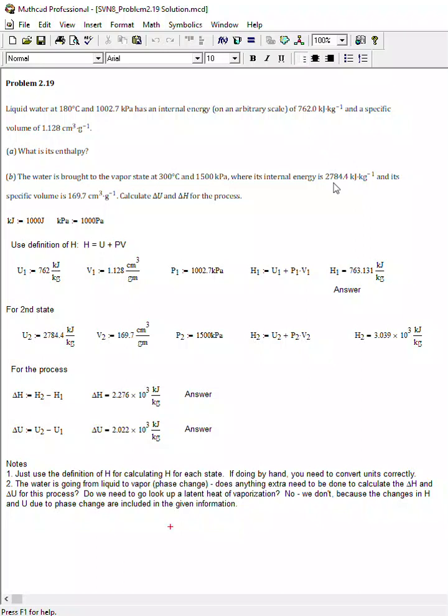If you were to actually calculate the latent heat of vaporization, you would find that most of this delta U is involved in the phase change. So in this case, we do not need to go look up any latent heats of vaporization or anything like that, because the information that was given to us already accounts for that phase change.